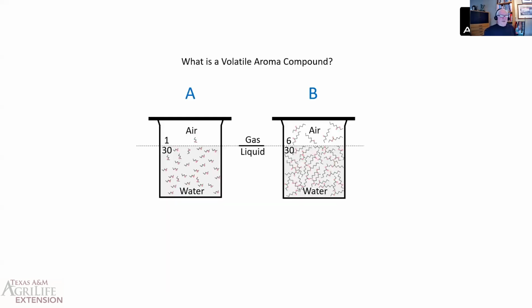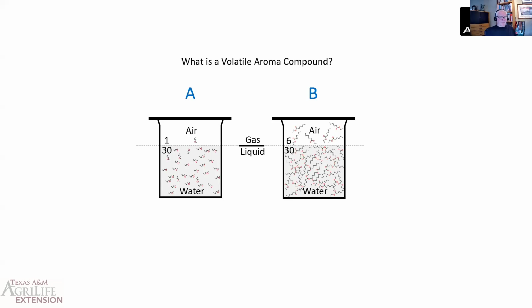So what is volatility? And I think this is something that's very important. If we did a little experiment and had two beakers, beaker A and beaker B, both of them had some water in them, and then we took a pipette and put in a concentration of an aroma compound into each of these beakers, and then put the lid on and let the compound just equilibrate between the air and the water.